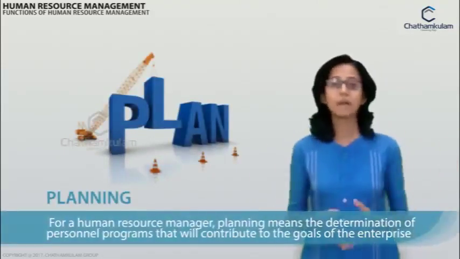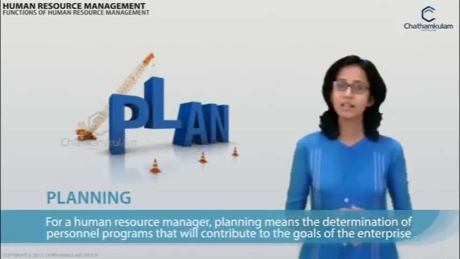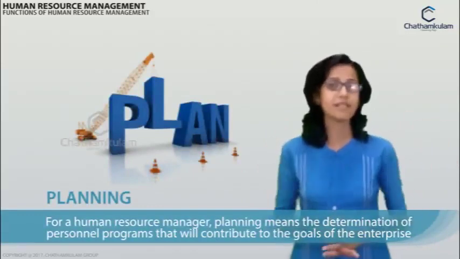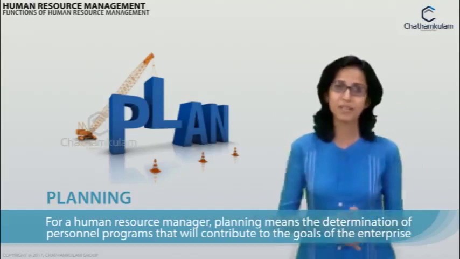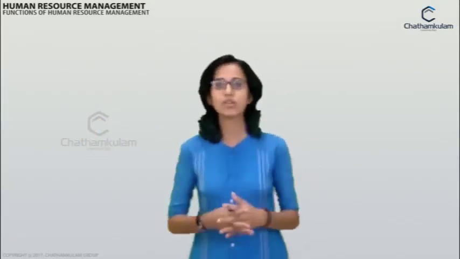For a human resource manager, planning means the determination of personal programs that will contribute to the goals of the enterprise. That is, anticipating the vacancies, planning job requirements, job descriptions, and determination of the source of recruitment.